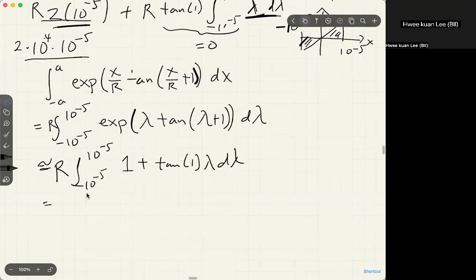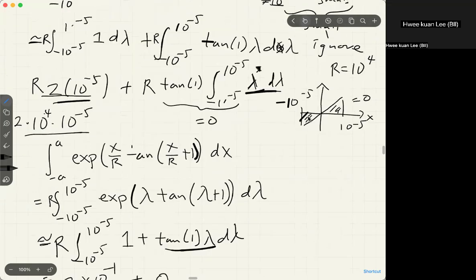Okay, this becomes 2 times 10 to the minus 1, right? Plus integrate this guy, you get 0 because you integrate the odd function, this one, right? 0. Okay.